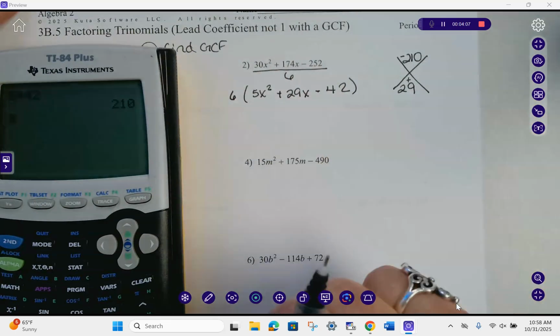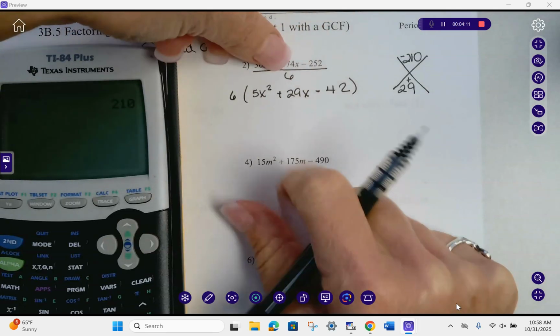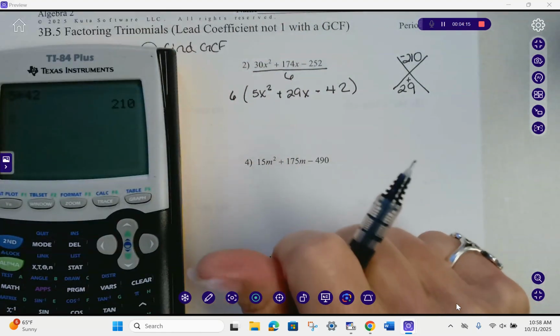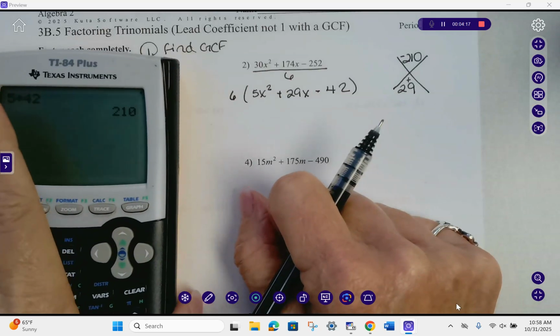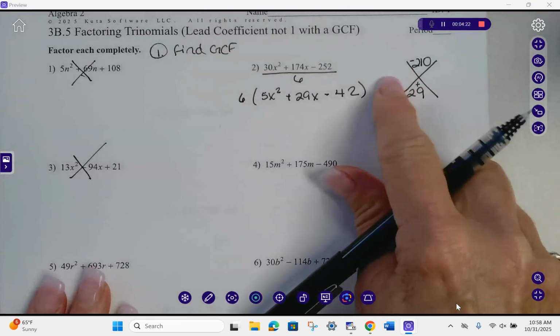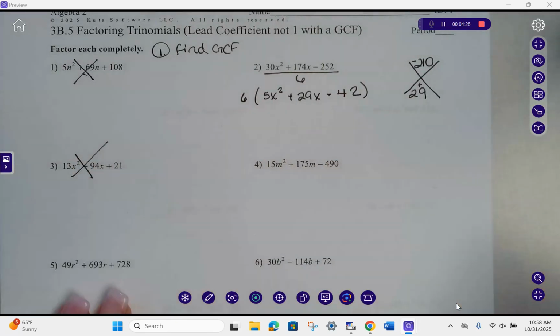That's our B value, our middle value. Once we took out the greatest common factor, we are looking at this trinomial. This is where we had used the calculator to figure out what factors multiply to negative 210 but add to 29.